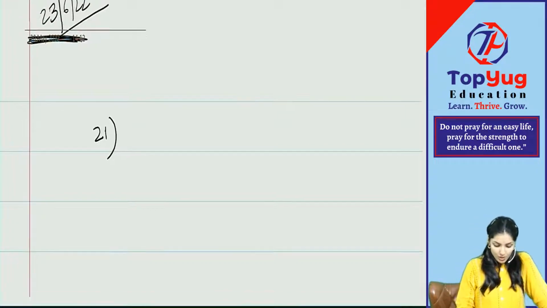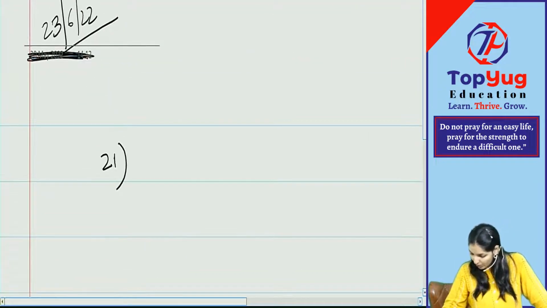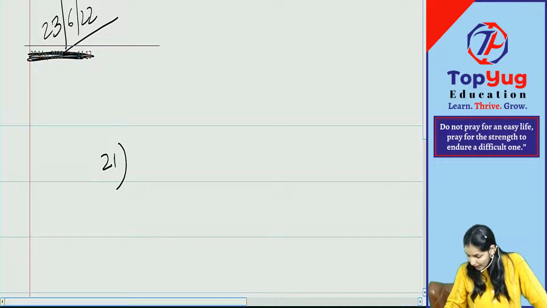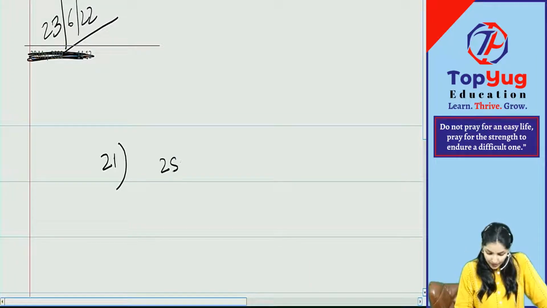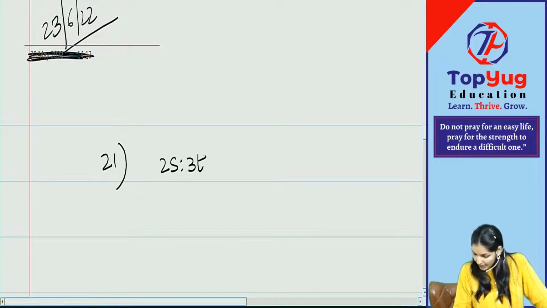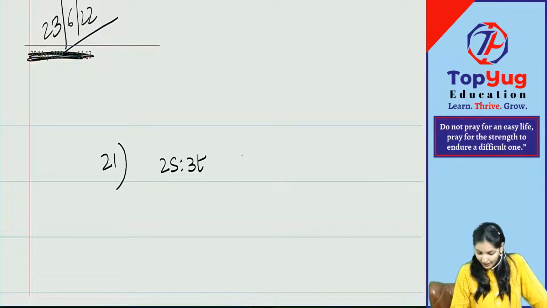So the 21st question, I am reading out loud. If 2s is to 3t is the duplicate ratio of 2s minus p is to 3t minus p.